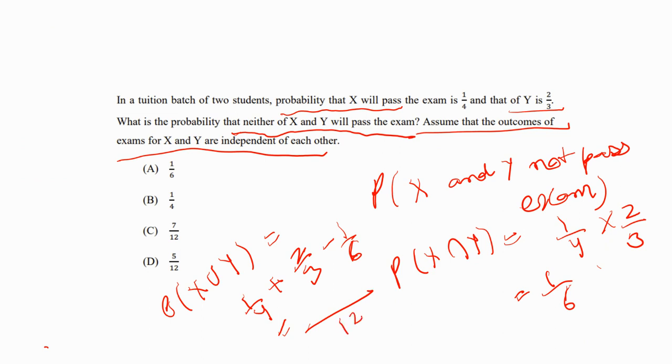So it will be 12 in the denominator, 3 plus 8 minus 2. What is its answer?